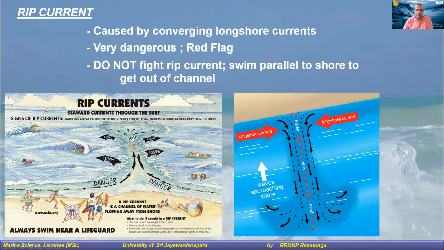Maybe it's a very common or popular tourism beach that you often go to, and you see a lot of people playing somewhere here or on the other side. No one will notice, but one person or a couple of persons might be taken out to sea within a brief period of time.